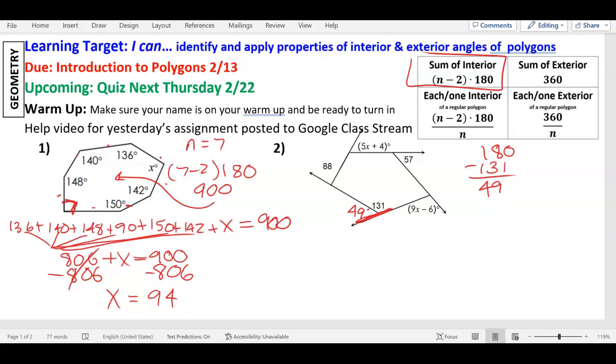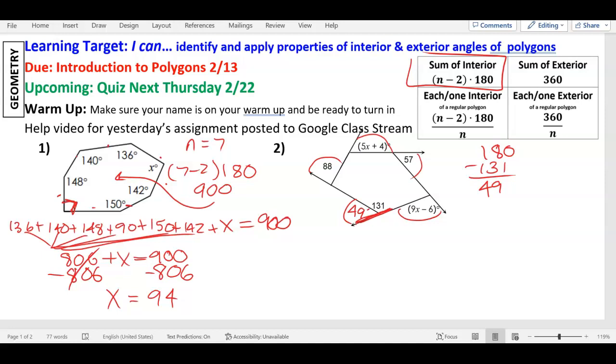Now, what we're going to do is take all these outside angles, this, 49, and this, and add them up equal to 360, okay? Not 540. 540 would be the inside angles, but these are exterior angles, right?